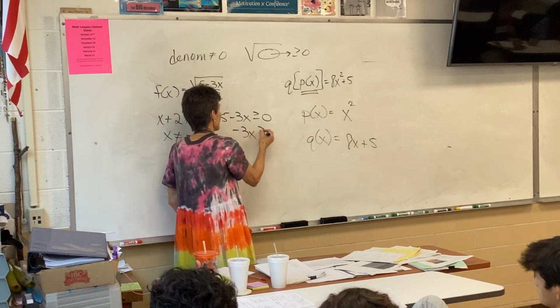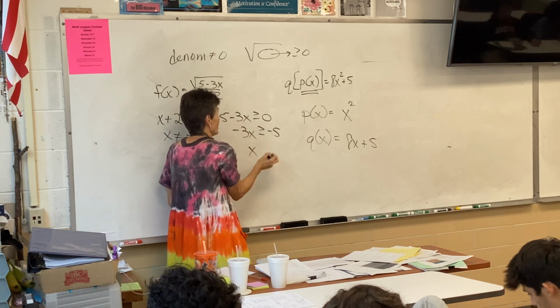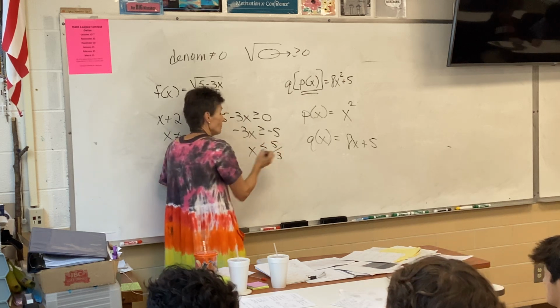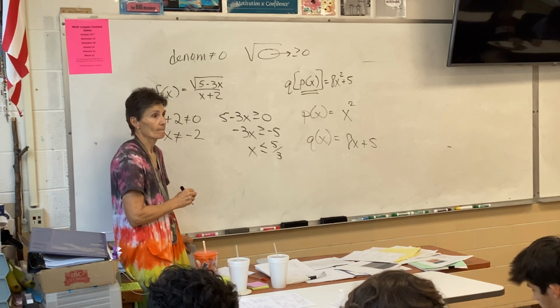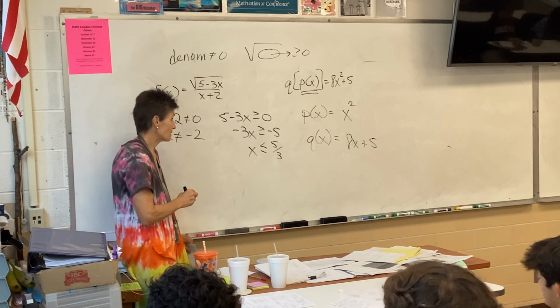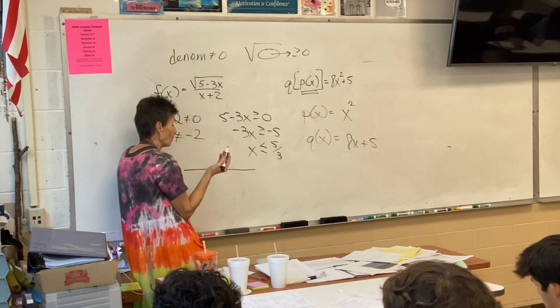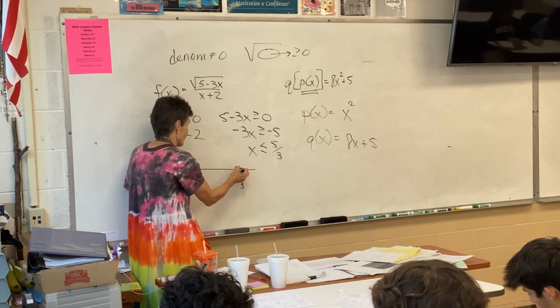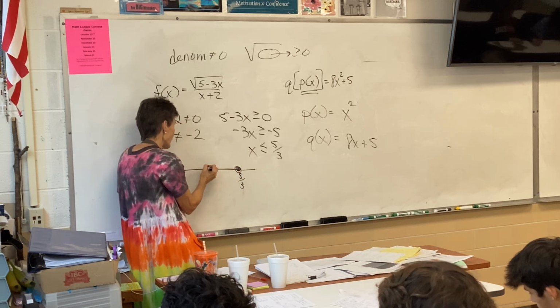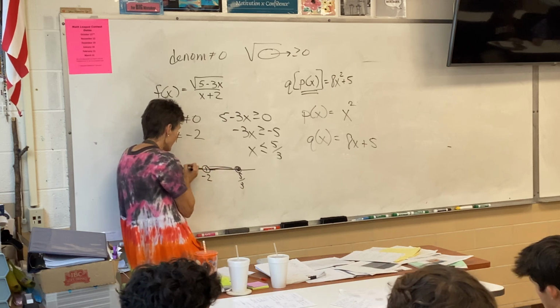Negative 3x has to be bigger than or equal to negative 5. And x has to be, watch it, less than or equal to 5/3. Now I have to write an answer that has both of those. So I'm going to look at it on a number line, that always helps me. Here's 5/3. I went all the way, except I have to skip over negative 2.